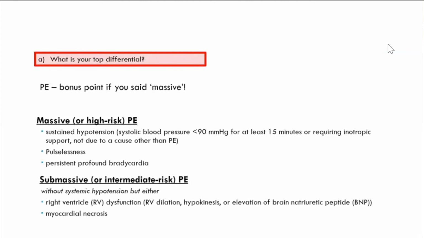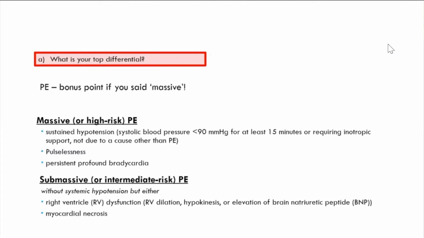Submassive or intermediate risk essentially means without systemic hypotension, but you have some right ventricular dysfunction, and we'll come to that in a little bit. But obviously, where the pulmonary vasculature is involved, there's going to be back pressure on the right side of the heart, the right ventricle, and the right side of the heart generally.